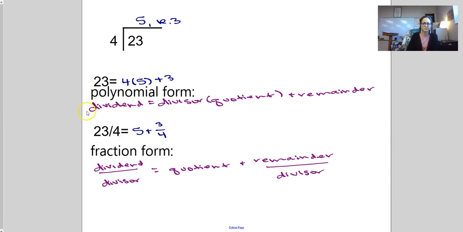So we've got that your dividend, so like this 23, is equal to your divisor, the 4, times the quotient 5 plus your remainder of 3, right? Or in fraction form that your dividend over divisor, so the 23 over 4 is equal to your quotient 5 plus your remainder over your divisor. All right, so there's a lot on the screen. I'm going to ask that you go ahead and pause and write down these definitions. So you go ahead and hit pause for me.